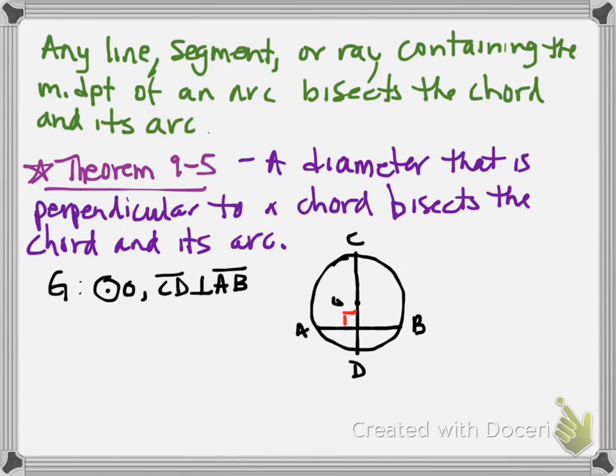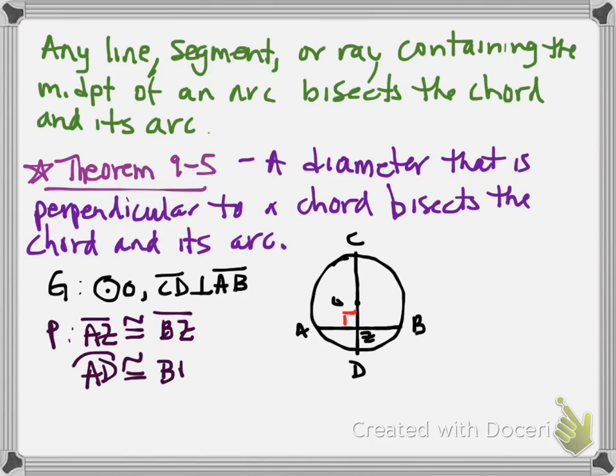We'll call that intersection point Z. And so what this theorem allows us to conclude is that segment AZ would be congruent to segment BZ, and arc AD would be congruent to arc BD.